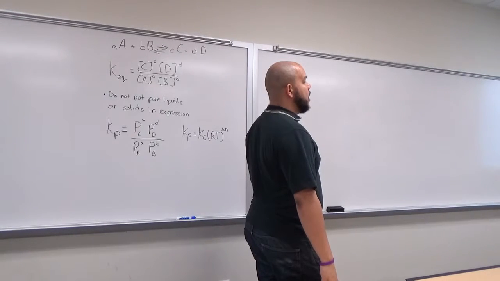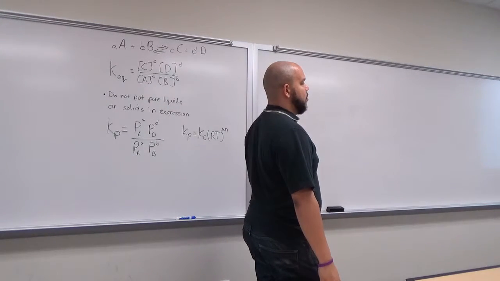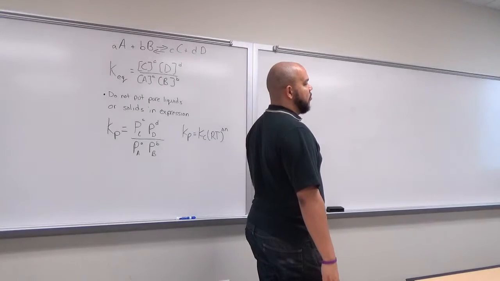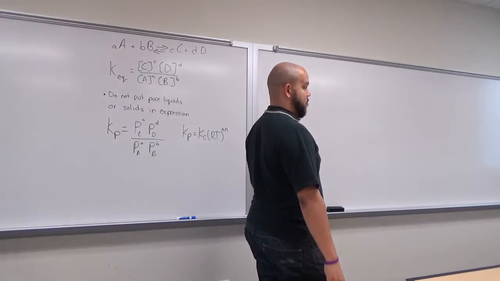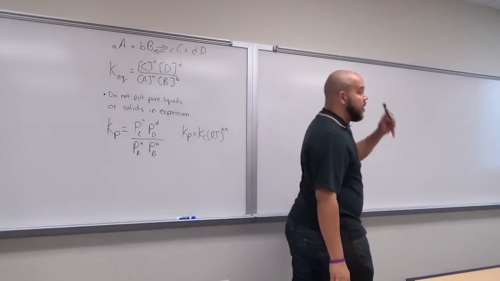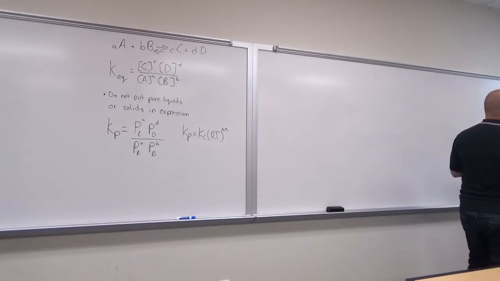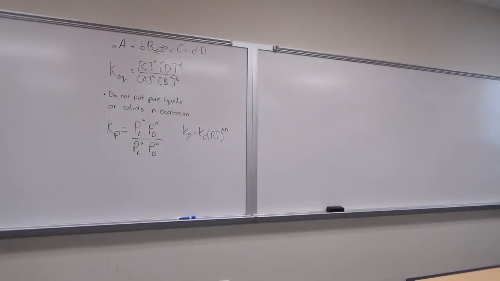The following equilibrium is established. At equilibrium, they give us a concentration of NO, and they want us to calculate the concentration at equilibrium of everything, and give us Kc.